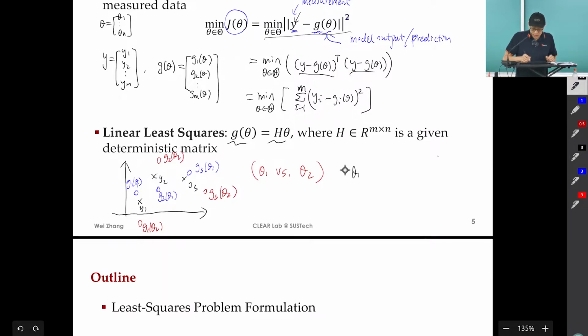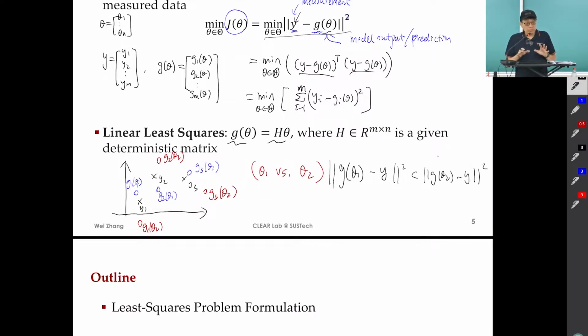According to theta 1, if you think about this vector G of theta minus y, the vector y1, y2, y3, the norm seems to be smaller, less than the norm of G of theta 2 minus y. Can you see the vector notation? Just based on my drawing here it is definitely the case. Theta 2 deviates more from your observation than theta 1.